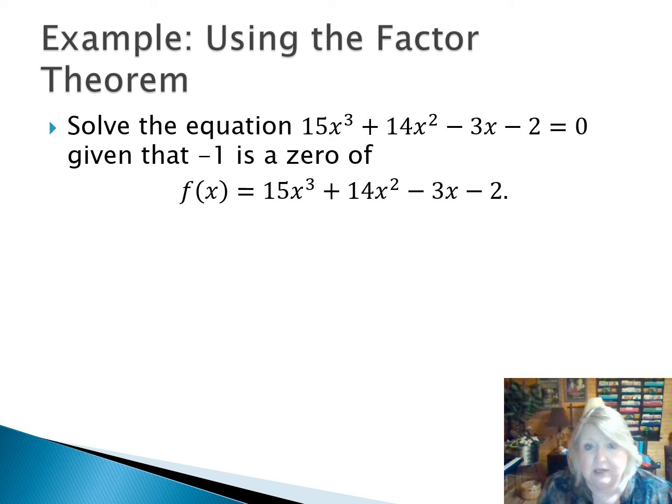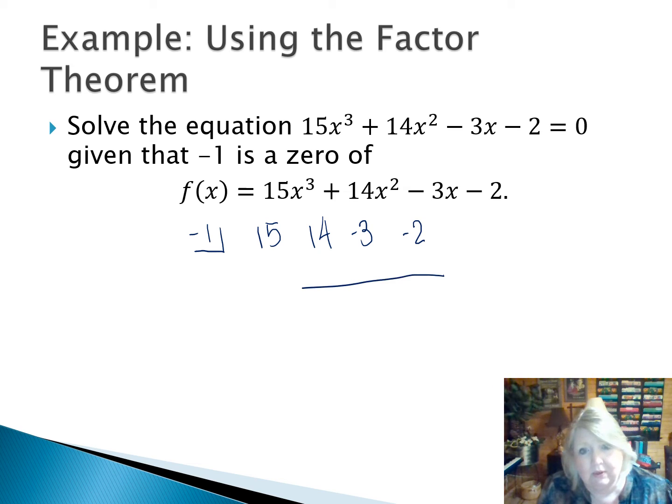Over the next few days, we're going to figure out how to find the -1. But for right now, take it. It's a gift. If I know that -1 is a 0, that means when I do a synthetic division with -1 in the box, I should get a remainder of 0.